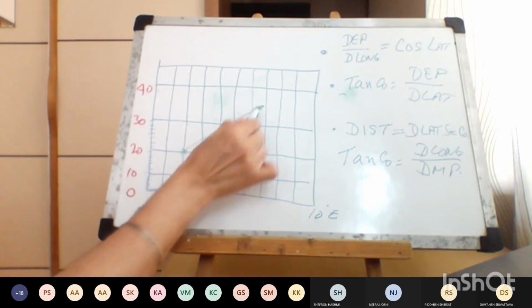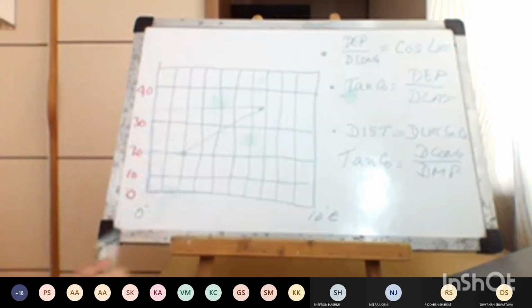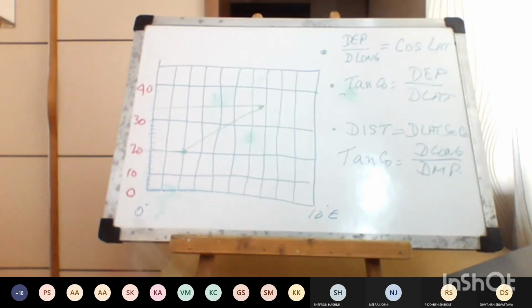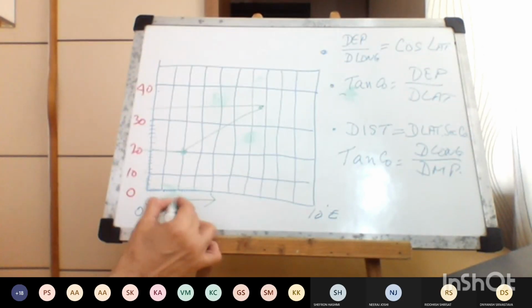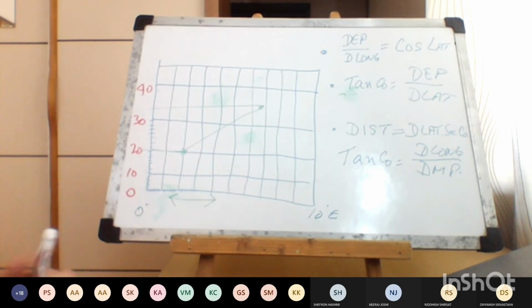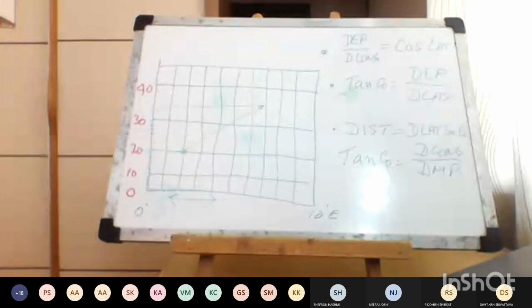But the correct distance you will get if you measure along this. Some candidates I even found were using this scale to measure the distance, and these were candidates going for their second mate exam. So the point is you should be aware of which is the correct scale to be used and how it is to be used. Otherwise your answers will all be wrong.